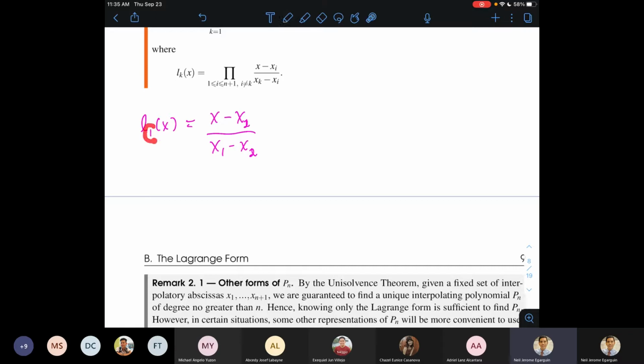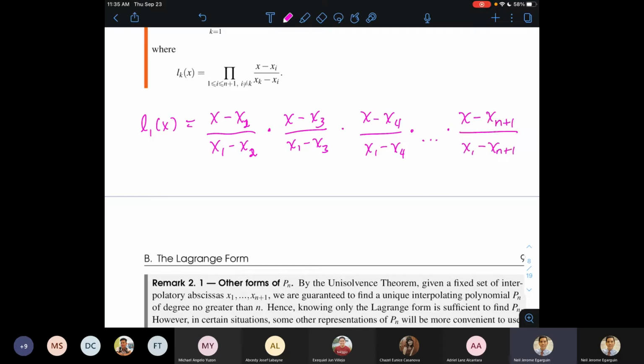Because again, the order of the Lagrange basis polynomial is the same as the minuend in the product or in the denominator. Okay, so it will go on. You have x minus x3 over x1 minus x3 times x minus x4 over x1 minus x4 until you reach the last abscissa, x minus x sub n plus 1 all over x1 minus x sub n plus 1.